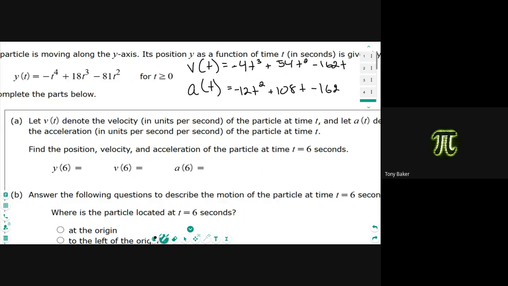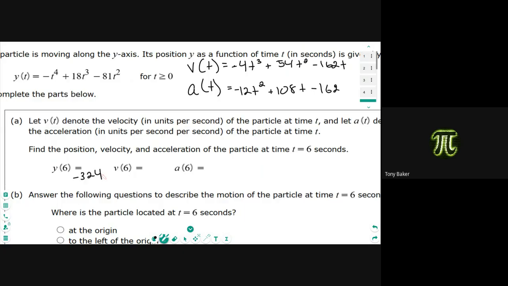All right, what's my position? What's my positional value? Is that what everybody else got?